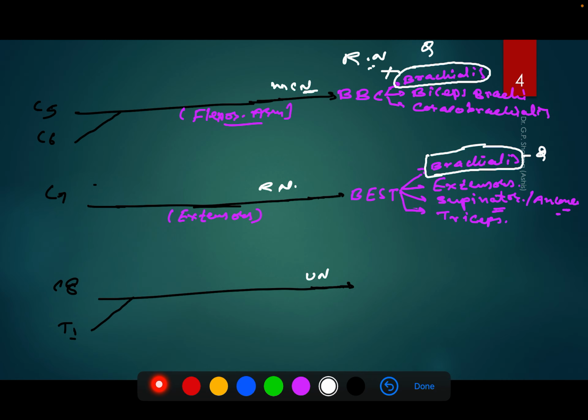So this ulnar nerve, we discussed, is also called the musician nerve. See, people play music through the hand, right? So the hand, the palm, the fingers, yes or no? That's why this nerve supplies all the intrinsic muscles of the hand, with some exceptions.